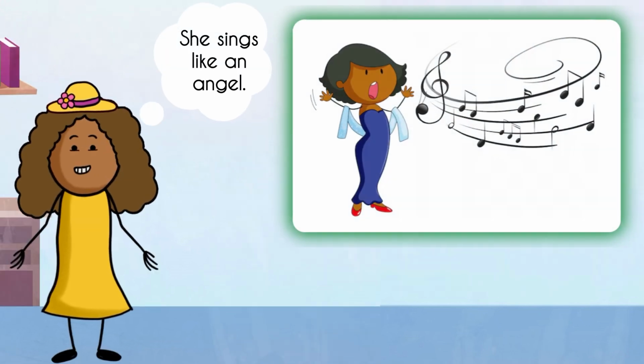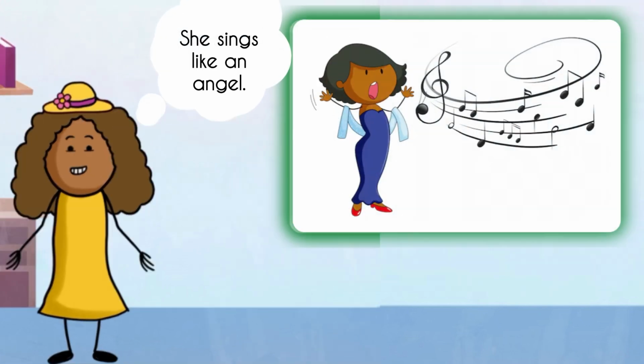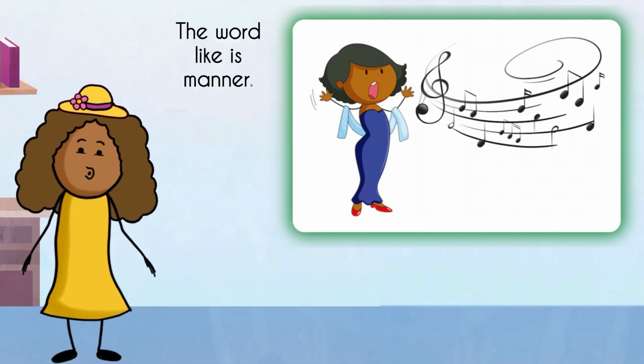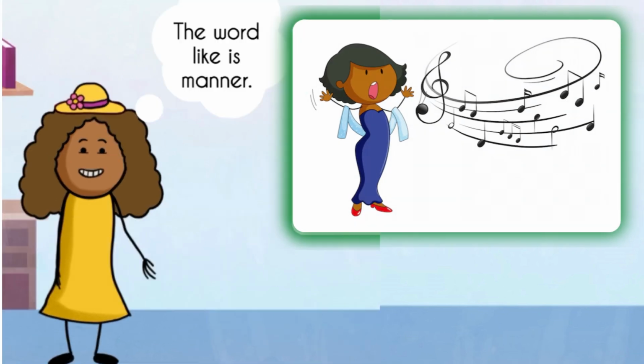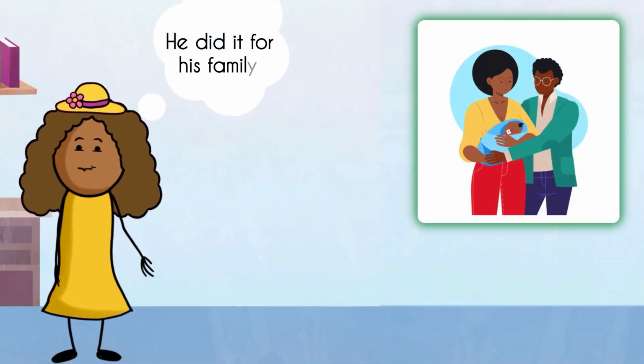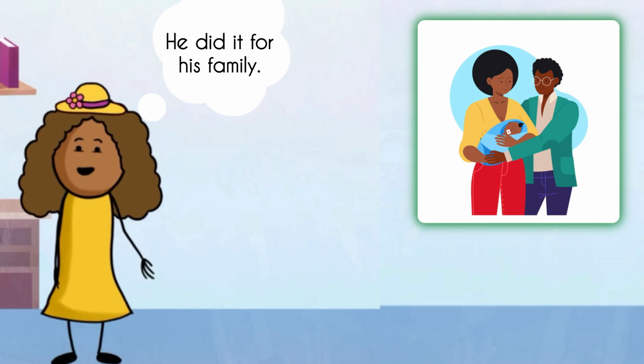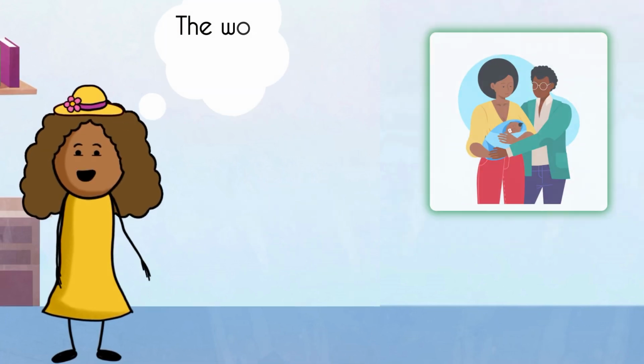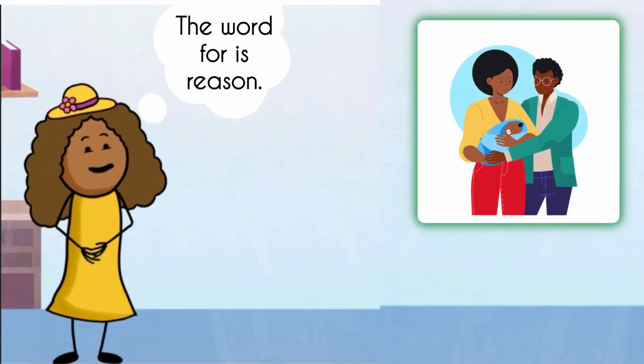She sings like an angel. The word like is manner. He did it for his family. The word for is reason.